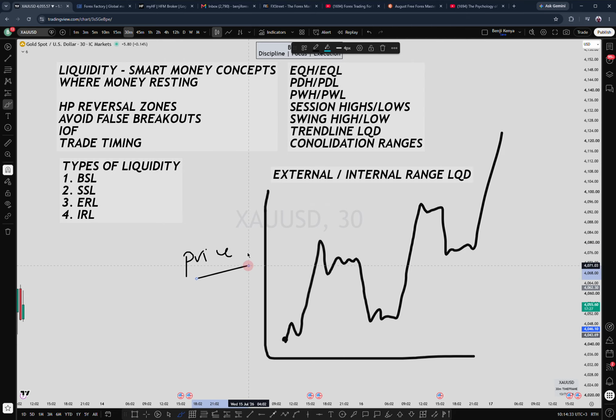Then on the x-axis is the time. So this is the time and price graph. It can be Euro USD, gold, GBP USD, whatever you want to call it. Let me just draw it quite well, just a minute.